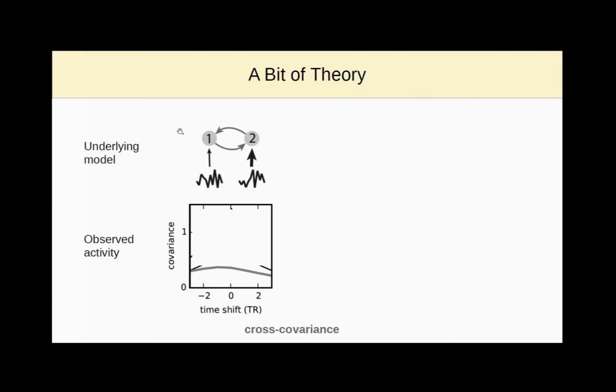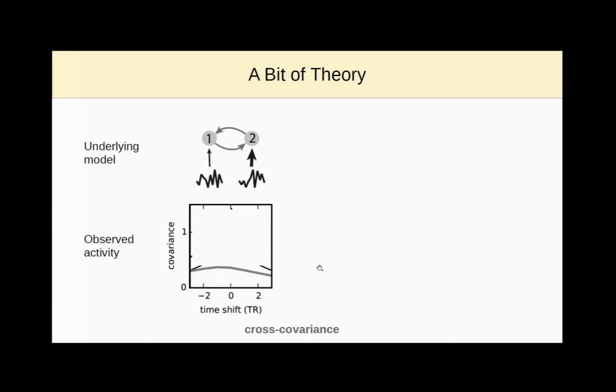In this toy example, we've got two regions that are coupled symmetrically, but one is receiving more noise, a larger noise amplitude, compared to the other. If you look at the cross covariance between these two regions, you can see a moderate peak, but it's still a peak, on one side.